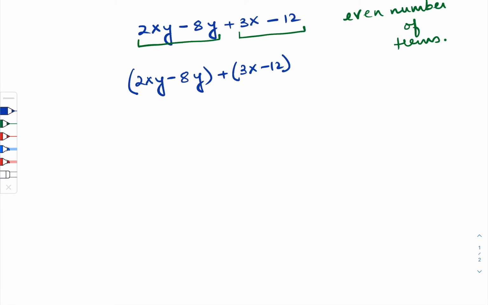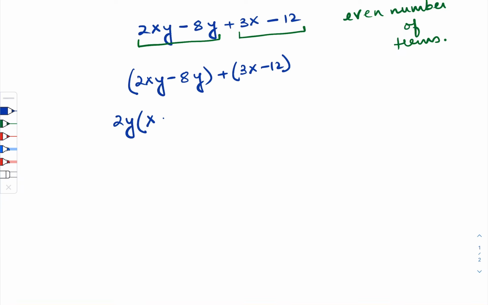Now I'm going to pull out common factors, just like in the previous one. Out here, you can see that the y is common to both, and if I divide the 8 by 2, I'm left with 4. So let's pull out 2y. If I pull 2y out of the first term, I'm left with x.